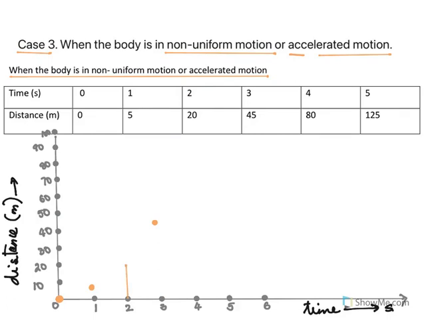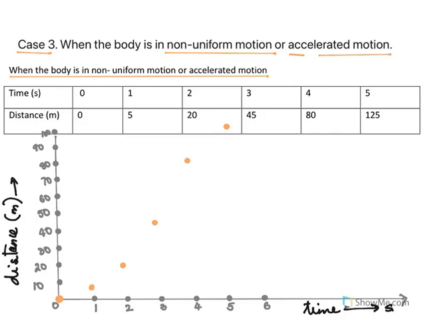Time 2, distance 20, it meets out here. Next, time 4, distance 80. So 4 is here, 80 is here. So they meet out at this point. Next, 5 and 125. So time 5, 125 would be somewhere around here.